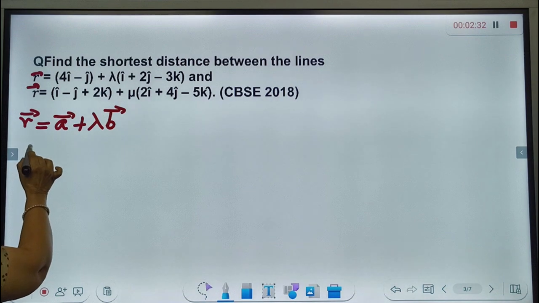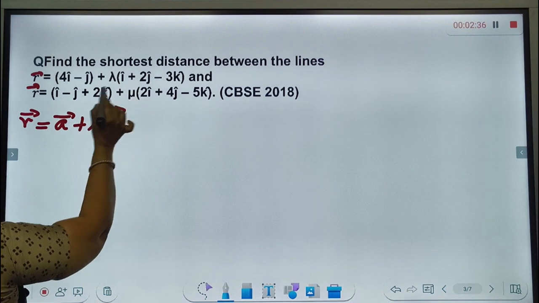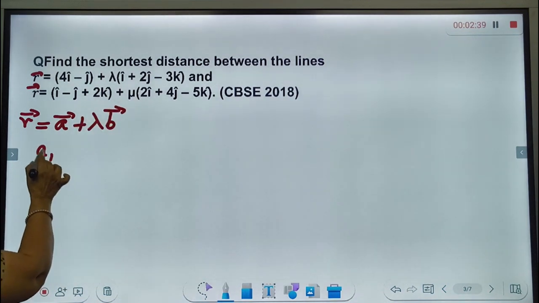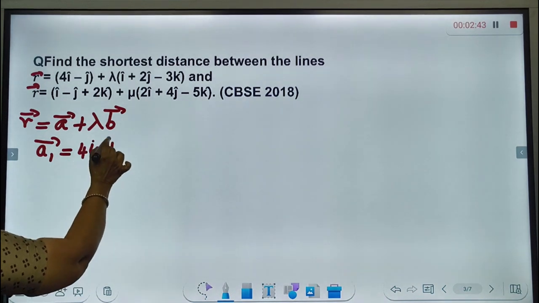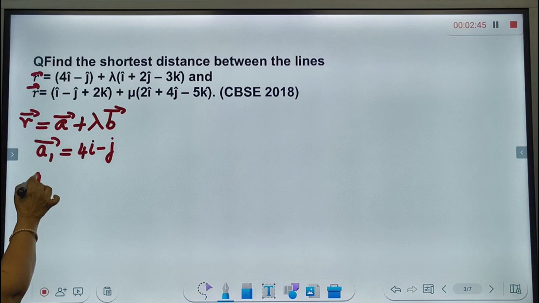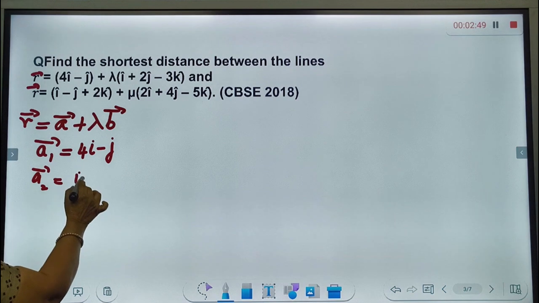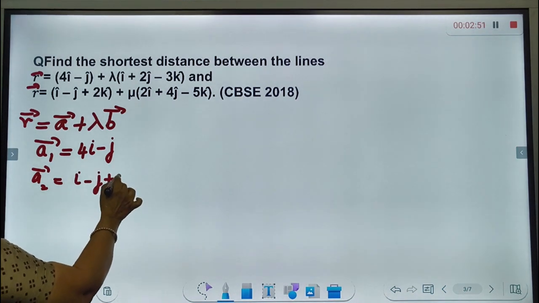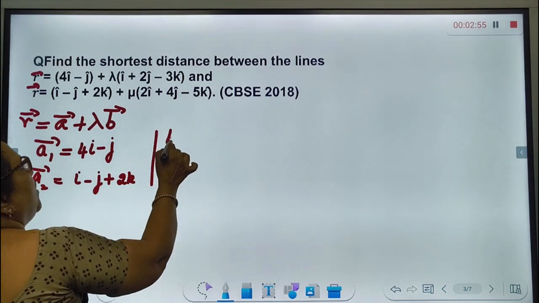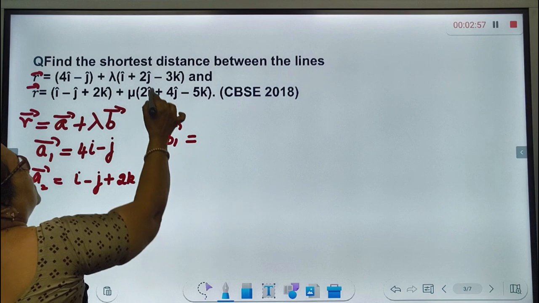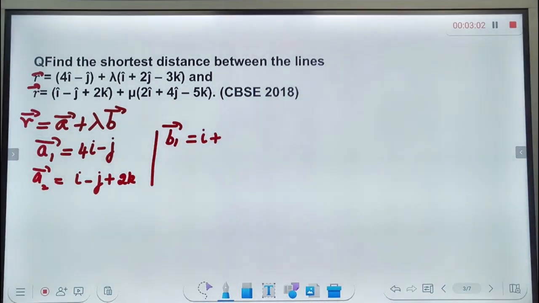Now, we'll consider the first line as r vector equal to a1 vector plus lambda times b1 vector. So, a1 vector equal to 4i minus j. a2 vector is a point on the second line, which is i minus j plus 2k. b1 vector is the direction of the first line.